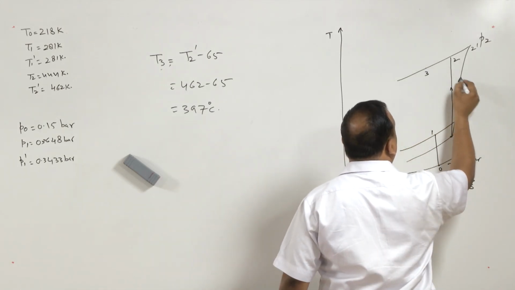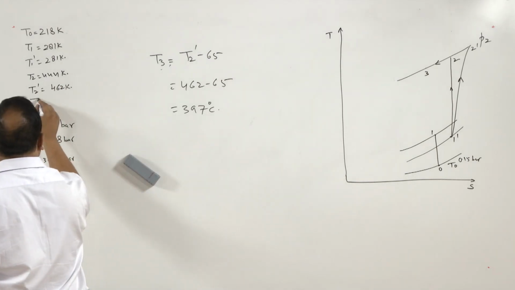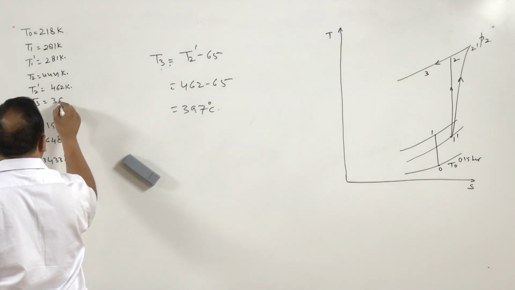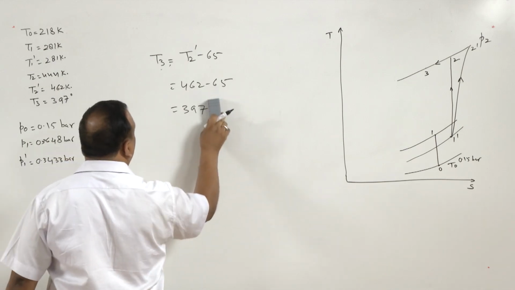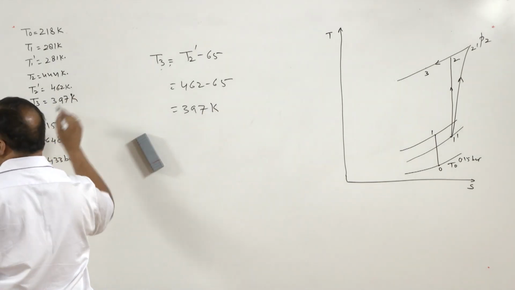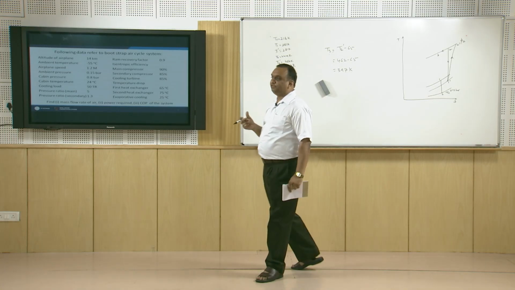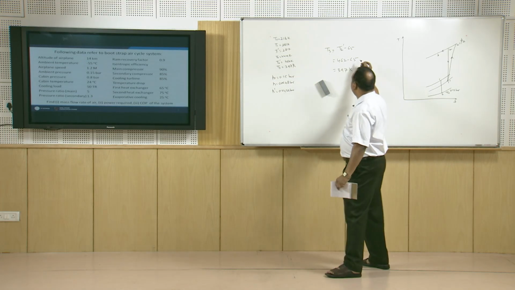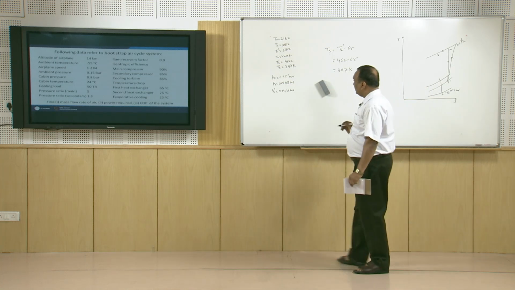T3 is 397, sorry, it is Kelvin, not degree centigrade. Because the temperature drop is 65 degree centigrade, a change in temperature, we did not convert into Kelvin. So, the temperature at state 3 is 397 Kelvin.